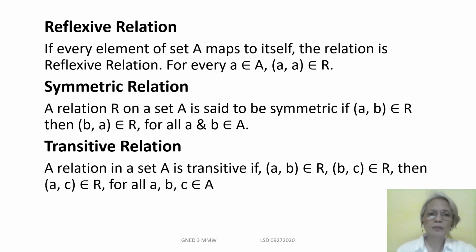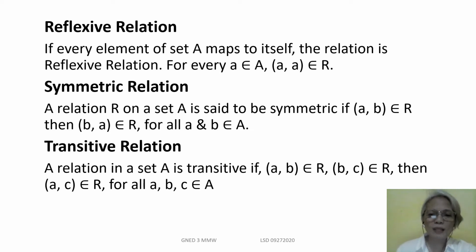What about reflexive, symmetric, and transitive relations? If every element of set A maps to itself, then the relation is reflexive. Similar to the identity relation, we have the ordered pair (a, a), where a is an element of the set A. What about a symmetric relation? A symmetric relation R on the set A is one where the ordered pair (a, b) becomes (b, a), like the inverse relation we had earlier.